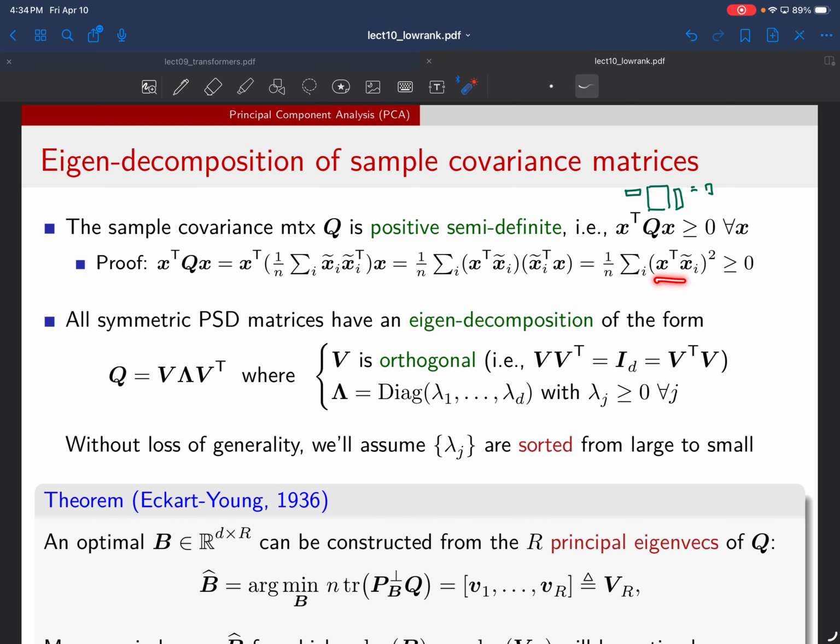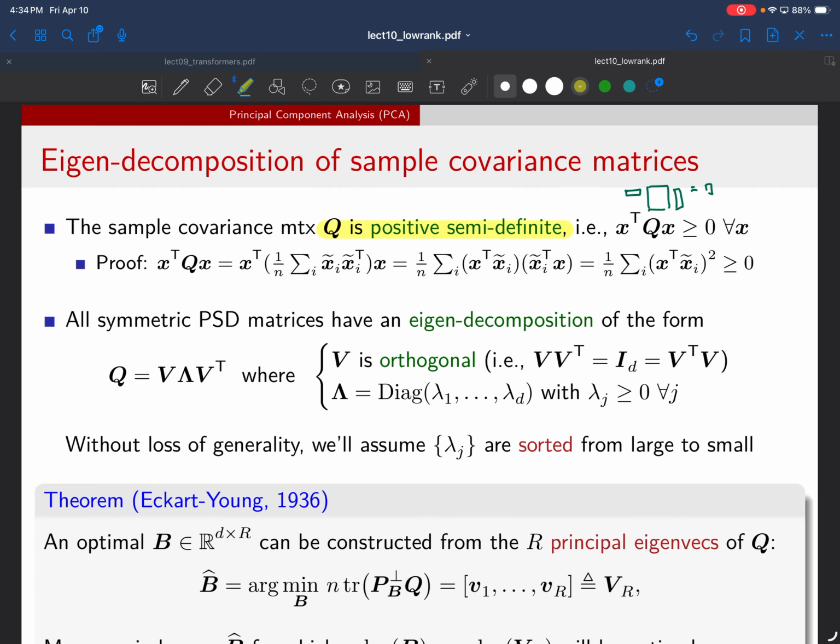So we can just use this scalar squared. And now when you think about it, if you have the average of some scalars squared, there's no way that could ever be negative. So this is definitely going to be greater or equal to 0. Okay, so now we know that this covariance matrix Q is positive semi-definite.